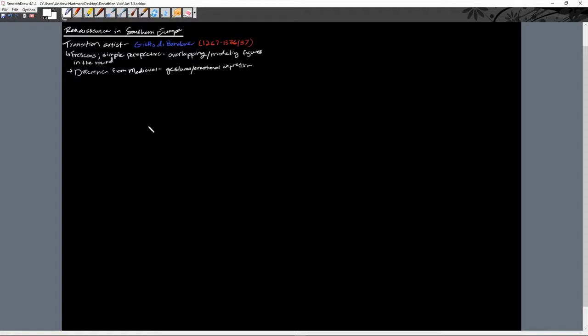They talk about how beforehand, it was previously flat and unexpressive figures.